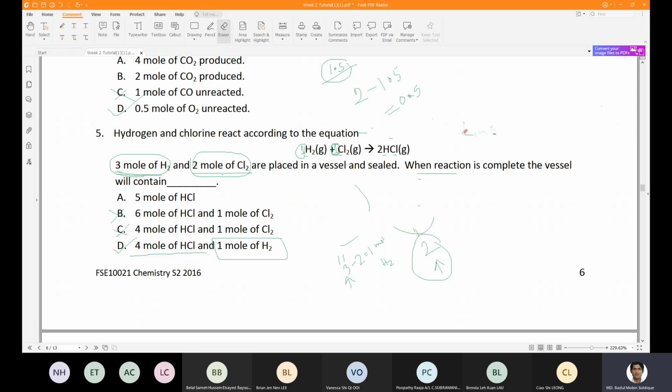Right. Now we know already that the limiting reactant is chlorine. So since it is the limiting reactant, all 2 moles of chlorine will be used up in this reaction. So if 2 moles of chlorine is used, how many moles of hydrogen chloride will be produced?